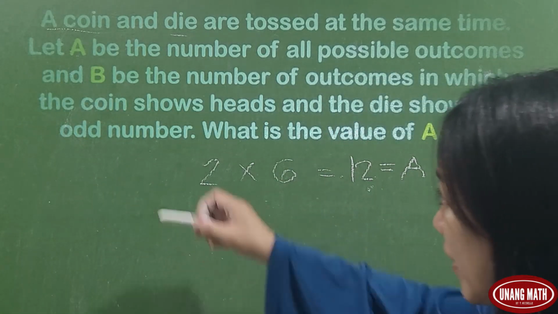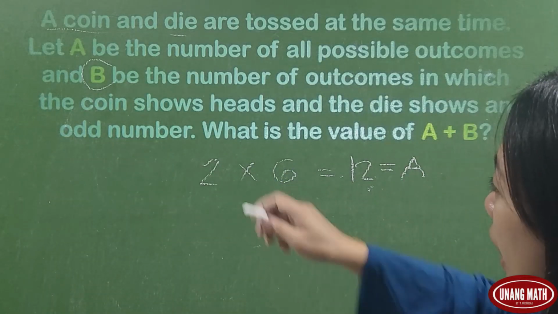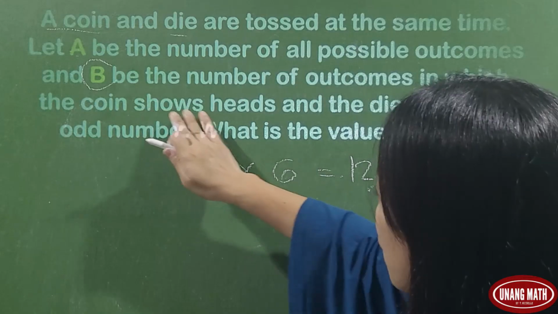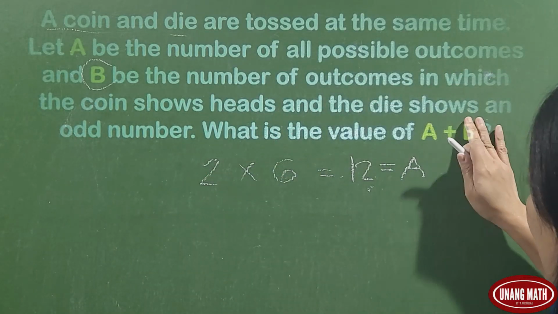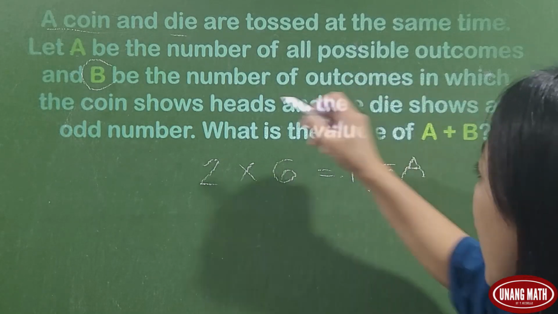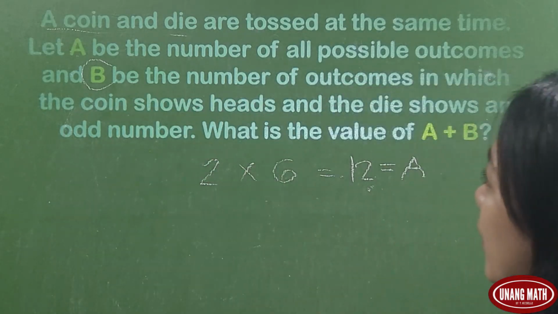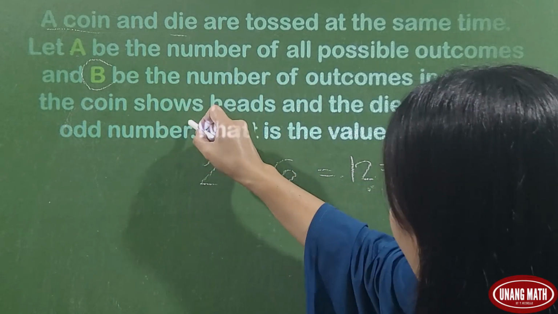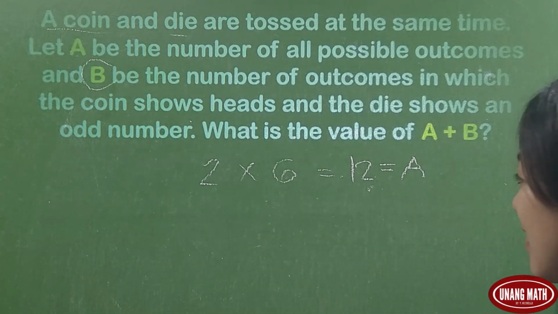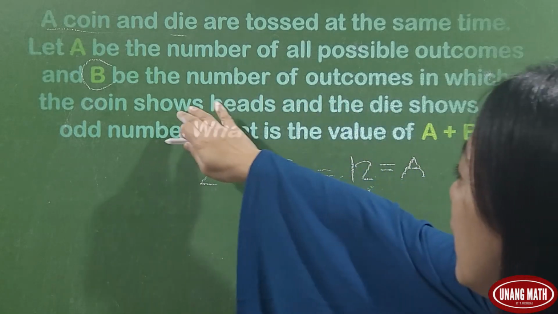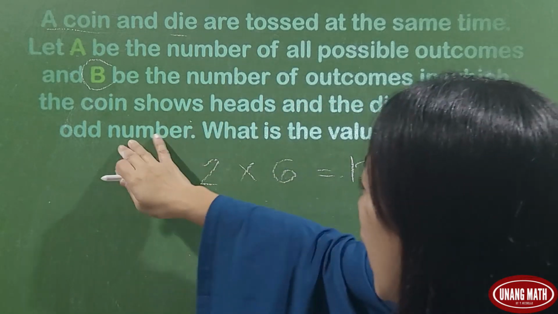Okay, now we have to find the value of B. B will be the number of outcomes in which the coin shows heads and the die shows an odd number. Okay, the coin shows head. For a coin, if the coin shows head, then that is 1 case. What about the second one? Die shows an odd number.